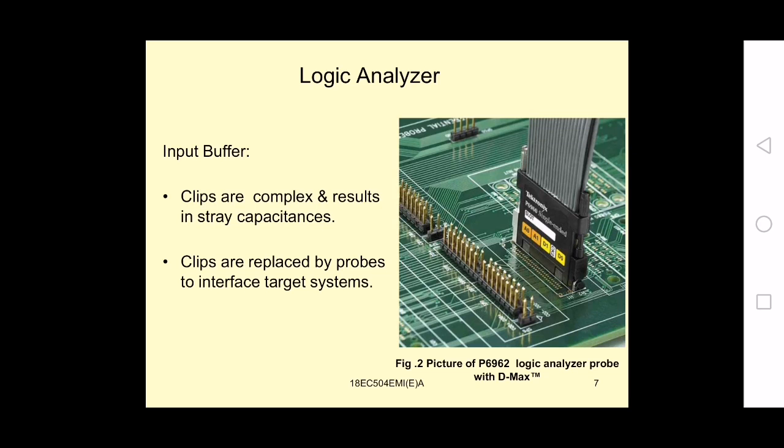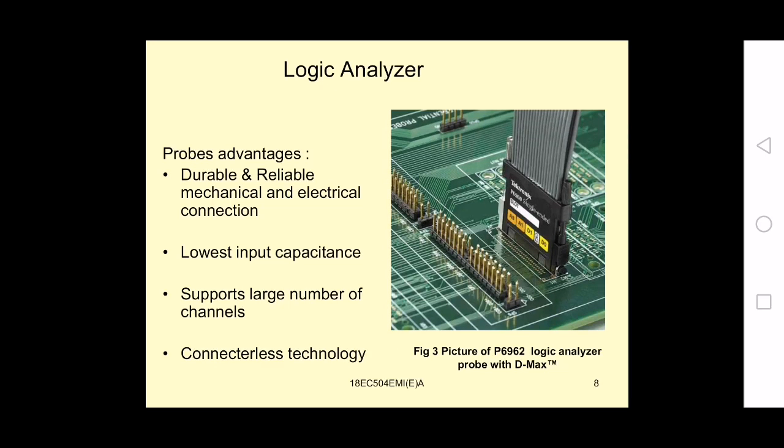In the figure you can see the P6962 logic analyzer probe with D-MAX. You can see from the diagram, it is a parallel connection of 16 by 16 address bus width. The main advantages of these probes are durable and reliable mechanical and electrical connections.